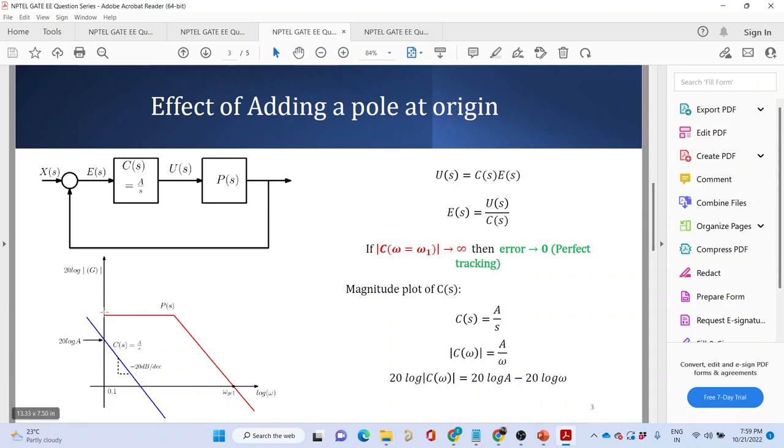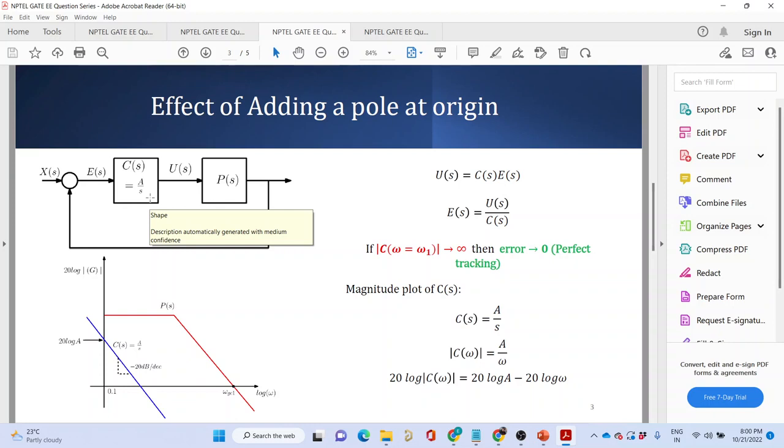So in case of an integrator, for tracking DC values, what is the gain? What is the gain when you are trying to track a DC value? A of s. A of s, replace s by j omega.